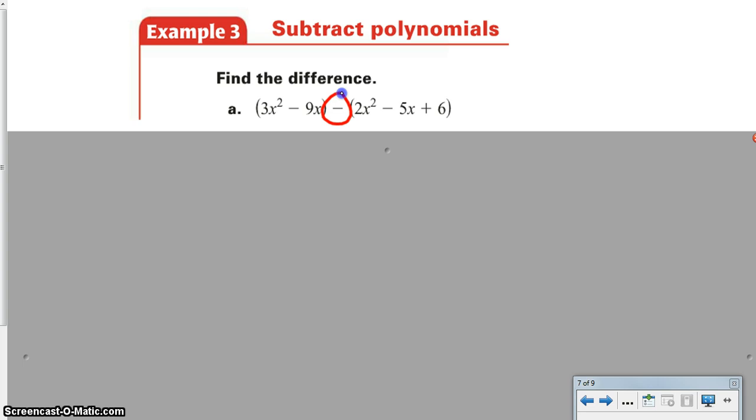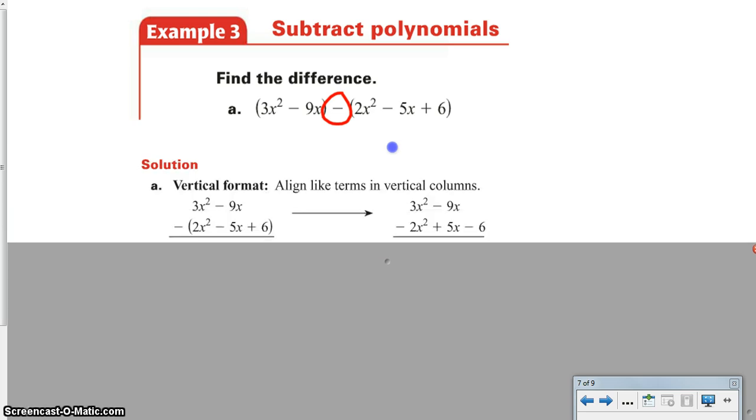This says the quantity of 3x squared minus 9x, and then you are taking the difference of that quantity and the quantity of 2x squared minus 5x plus 6. We're still going to do the vertical format, but please look at what we do.